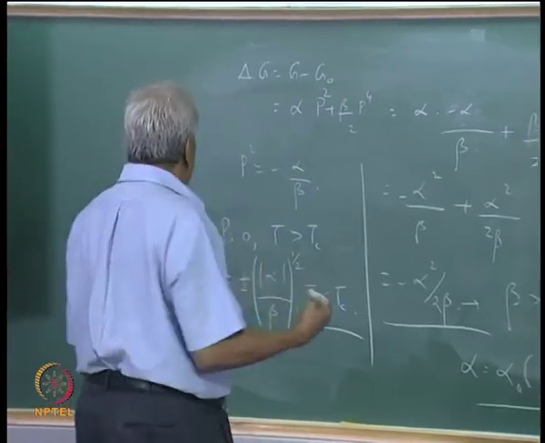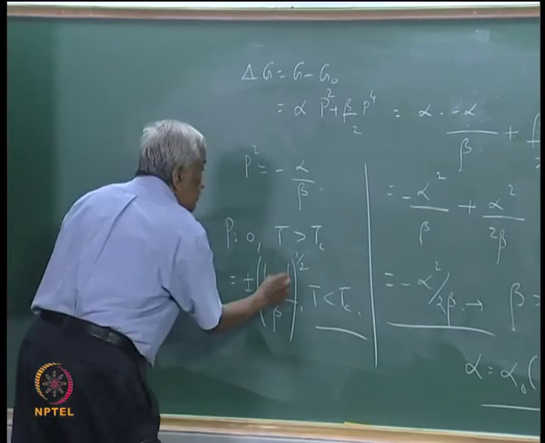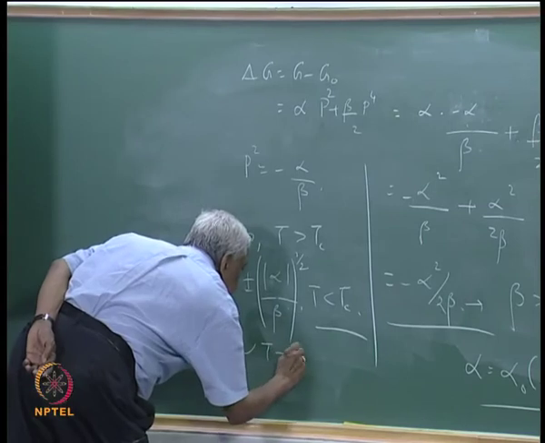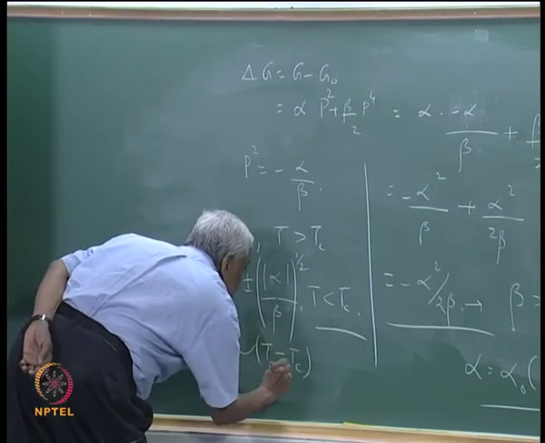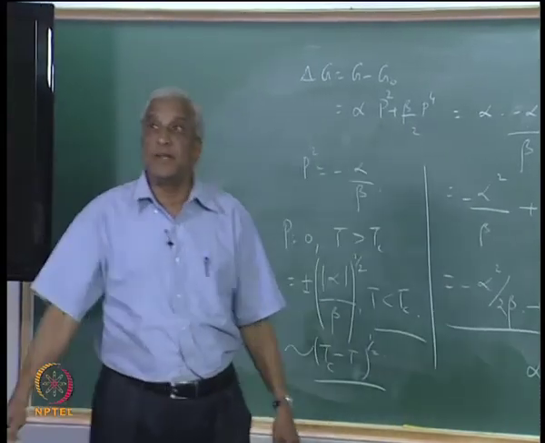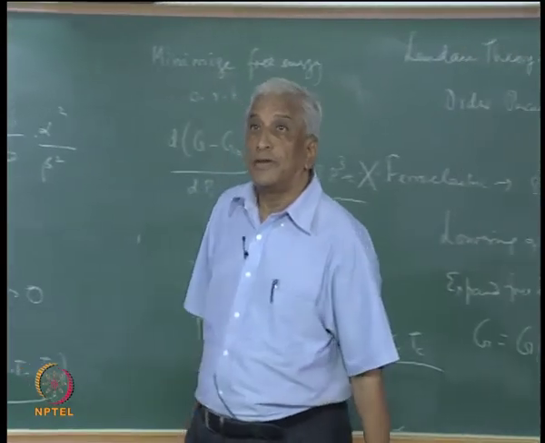So, the Landau theory thus predicts a spontaneous polarization which goes as alpha to the power half, or P goes as T c minus T to the power half. So, that is the temperature dependence predicted by the Landau theory for the spontaneous polarization.